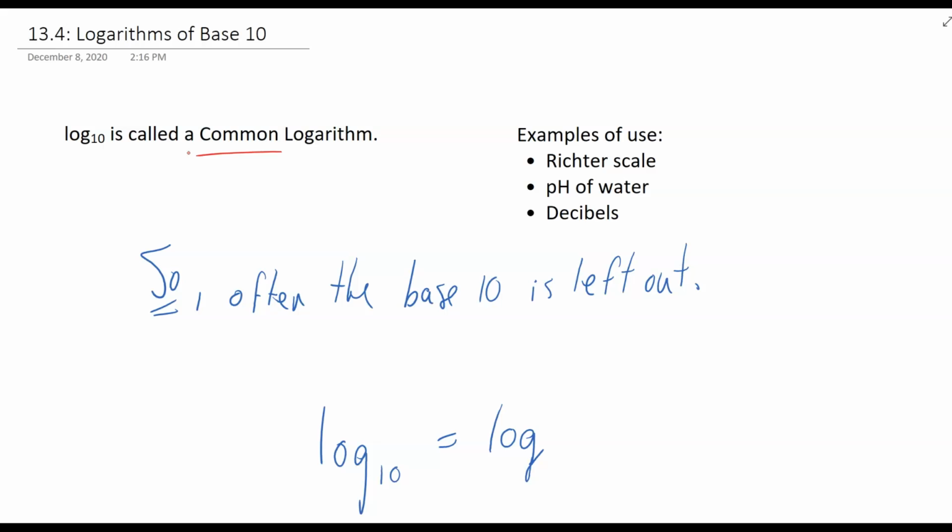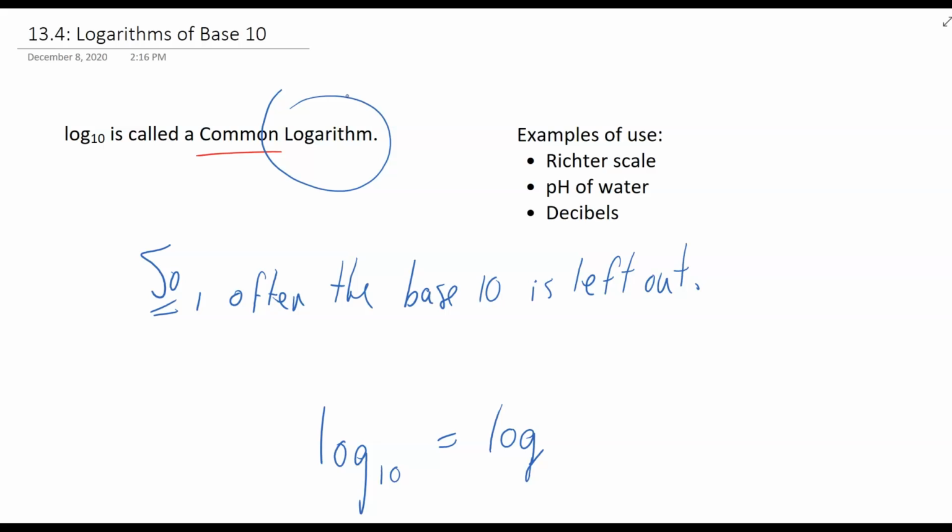And so an earthquake that measures a 7 is 10 times stronger than an earthquake that measures a 6. So those values, the 6 and the 7, are actually the exponents on 10, and another word for an exponent is a logarithm. So these are logarithmic based scales.